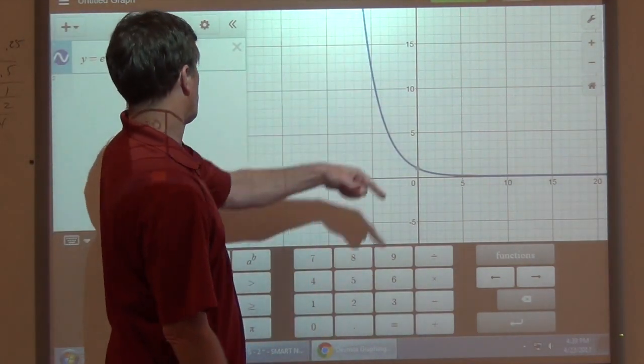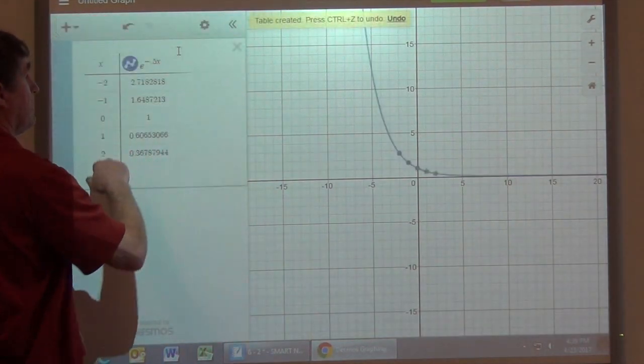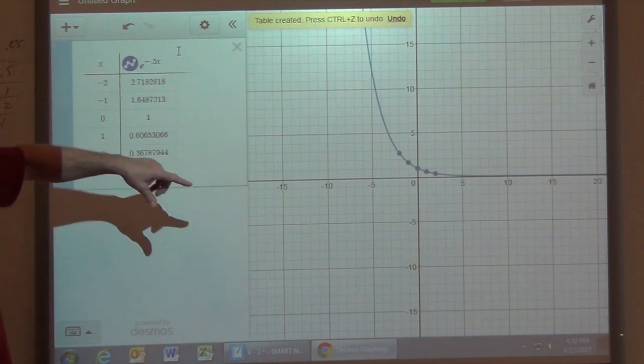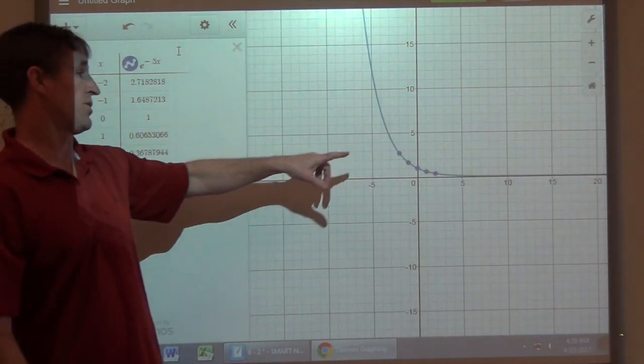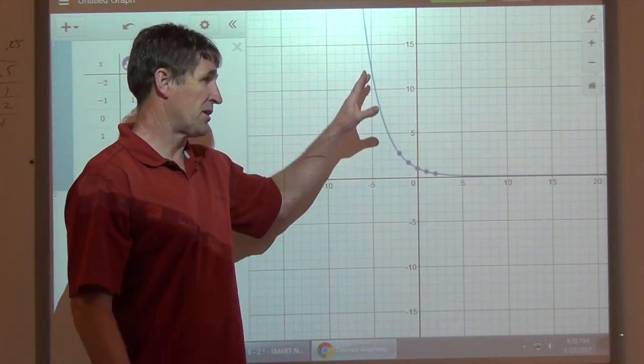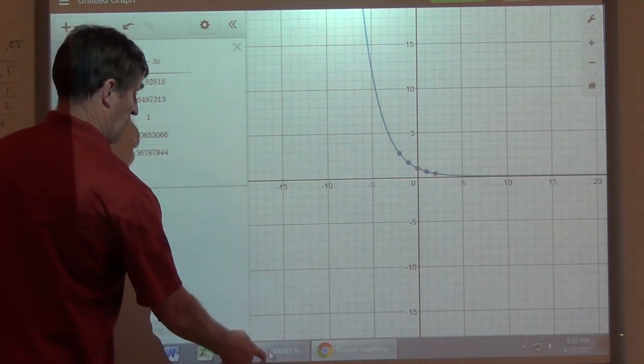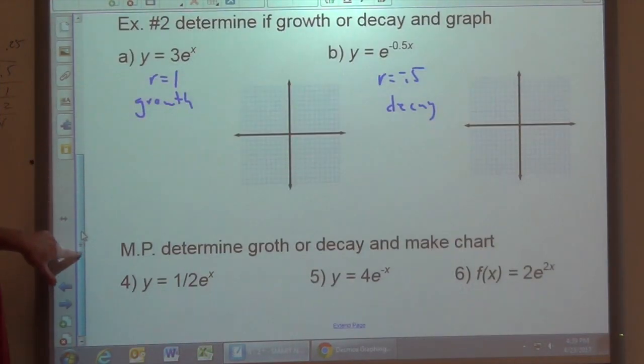And again, we get the graph, and you don't need to show that, but you would get the table and just write that down for your answer. Again, it's not hard. I'm assuming you can plot the points and connect them to get your graph.